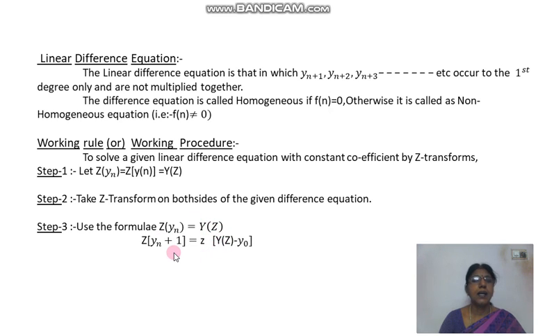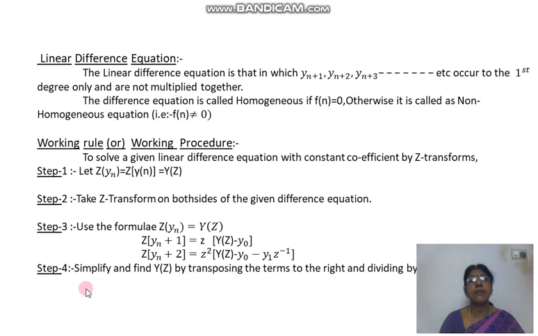Then use the initial value theorem steps. Z transform of yn plus 1 is z into y of z minus y naught. You remember, Z transform of f of n plus 1 is z into f of z minus f naught, and here they become y's. Z transform of yn plus 2 is z square y of z minus y of 0 z square minus y1 z. Use these formulae in the equation along with the given conditions, simplify, and find y of z.